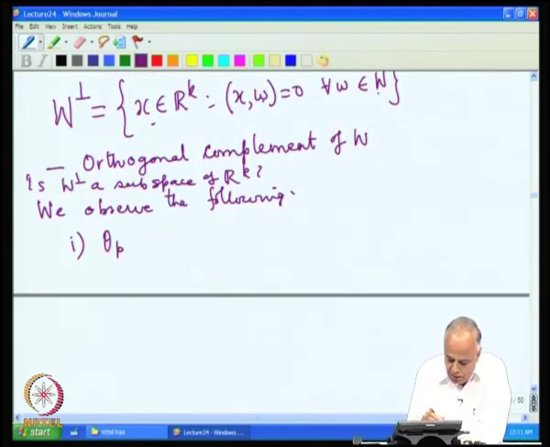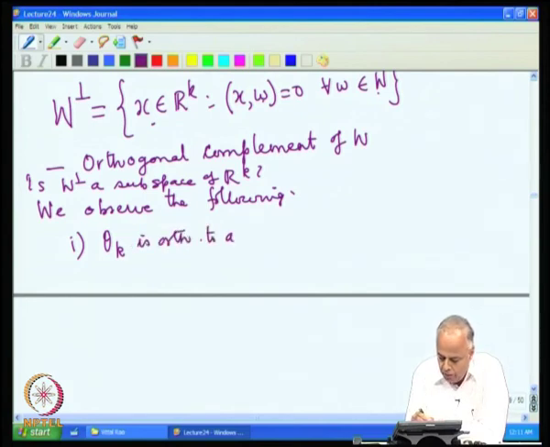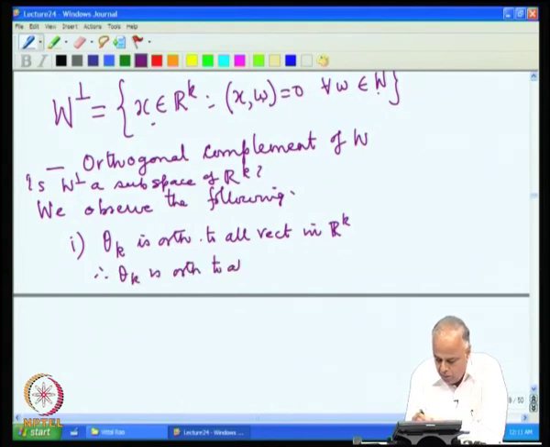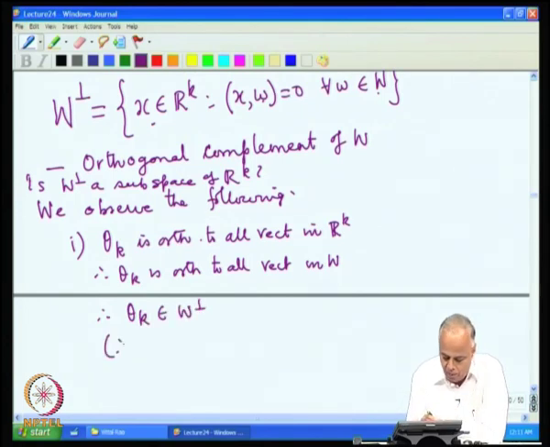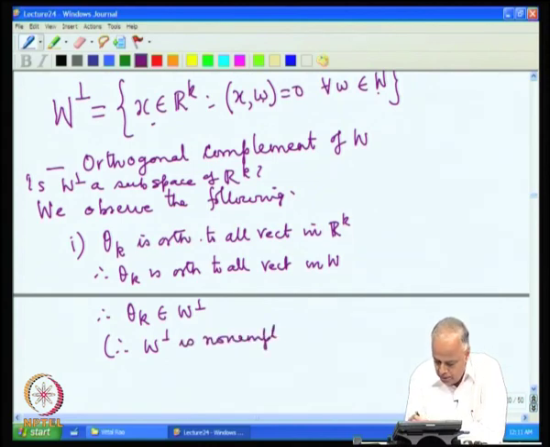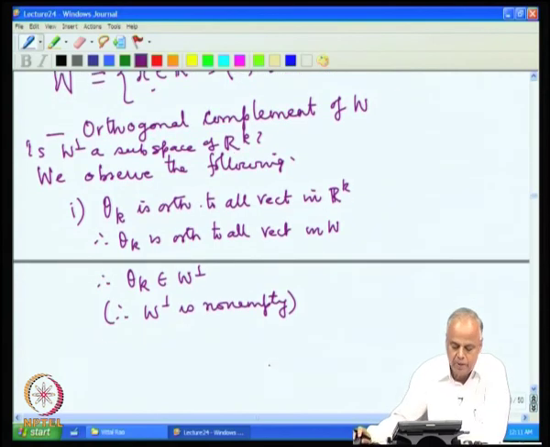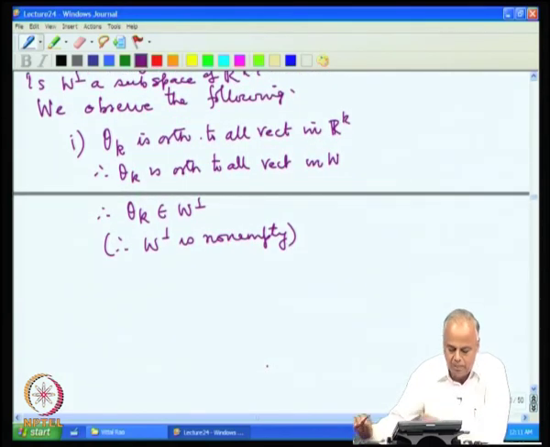So, first, the zero vector theta_k is orthogonal to all vectors in W, because W is a part of R^k. Therefore, theta_k belongs to W perp, and therefore, W perp is non-empty. So, you have a non-empty set.